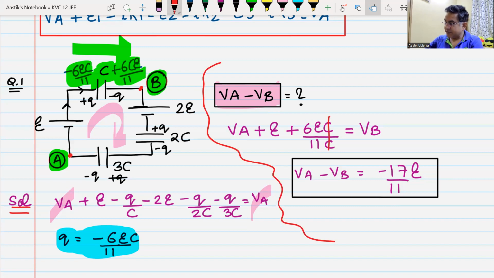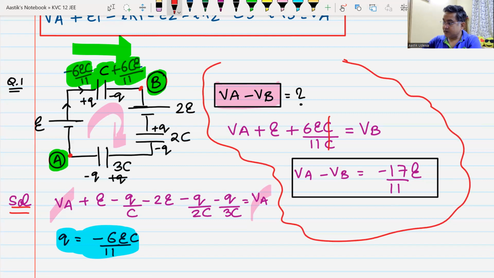Once I get the value of Q, I just move from A to B and I stop my journey at point B. And that's it. I get the value of VA minus VB. You understand this? Yes, sir.